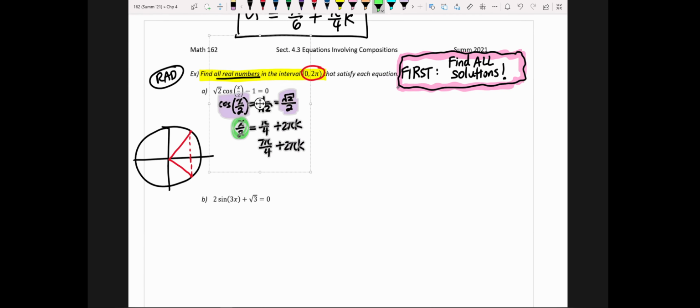Yes, so we're going to multiply everything by 2. So x is going to be, times 2, times 2, times 2, times 2. That's going to be pi over 2 plus 4 pi k. And then this is 7 pi over 2 plus 4 pi k.